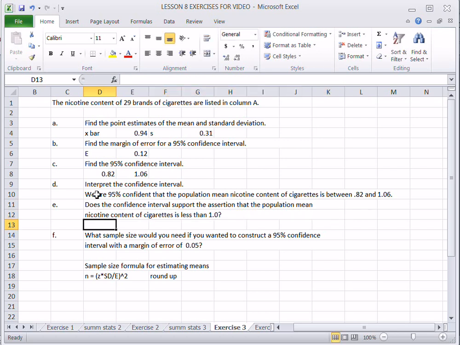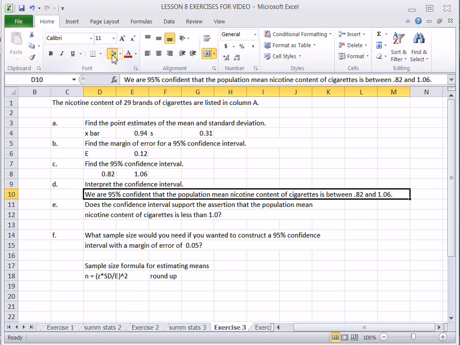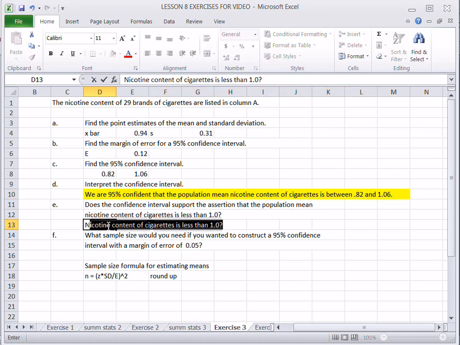Well, let's see. We're 95% confident it's between 0.82 and 1.06. Oh, look. It can be a little bit bigger than 1. So less than 1? Not necessarily. It's possible it could be as much as 1.06. So the answer is no. Some of the values in the interval are greater than 1.